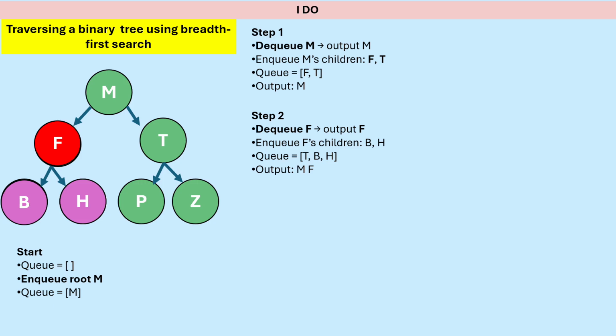Now, when we look at our queue, we need to look at who's the next element. So we've got letter T. So step 3, we'll look at T and its children.